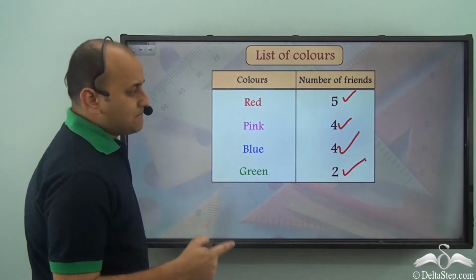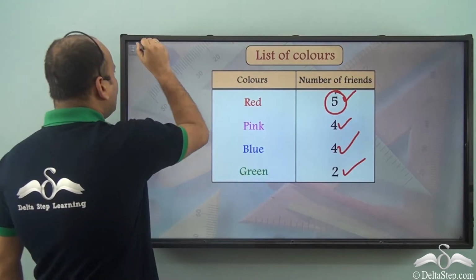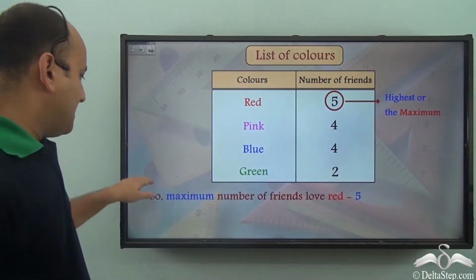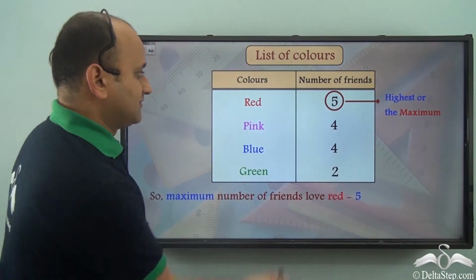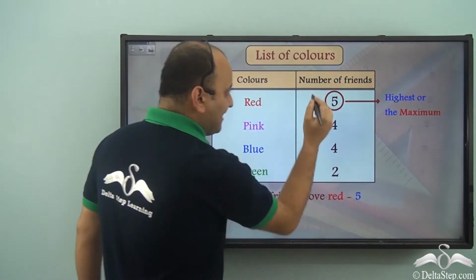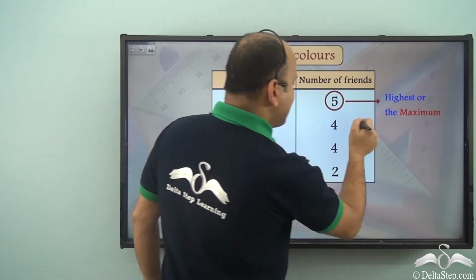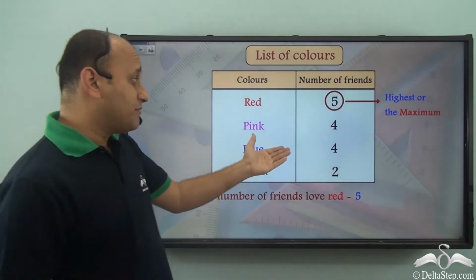So what is the maximum number in this? It's 5, right? So the maximum number of friends love red, isn't it? It's pretty evident from this data. So 5 is the highest or maximum number in this list. So how could you extract the information?